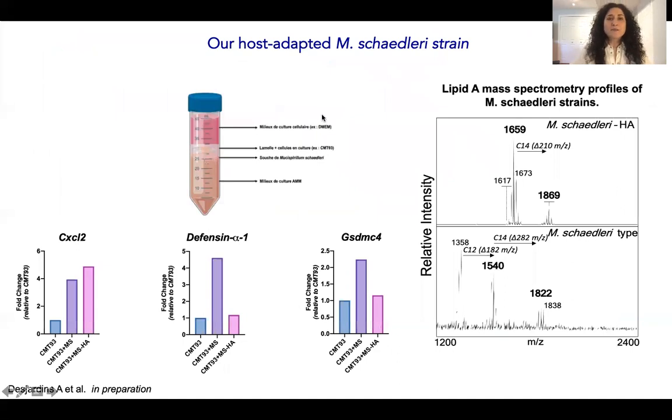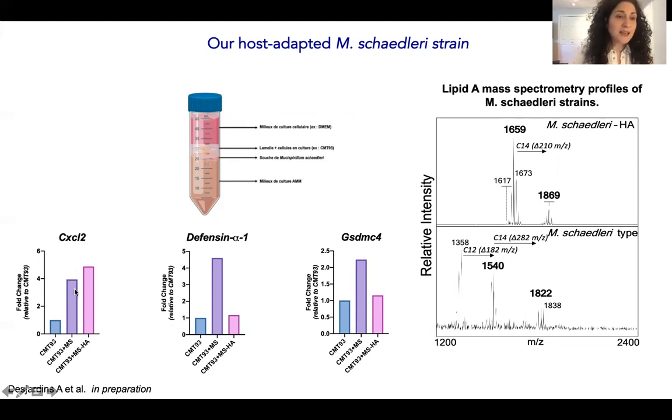So our next objective was to determine the impact of our host-adapted M. schaedleri strain on the host. To do this, we developed a co-culture system where we co-cultured intestinal epithelial cell lines, both mouse and human, with either M. schaedleri strain. Then we isolated the epithelial cells and performed gene expression analyses.